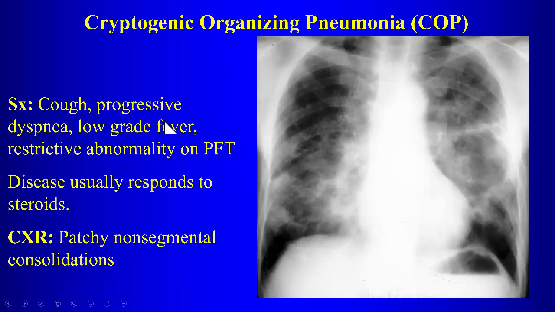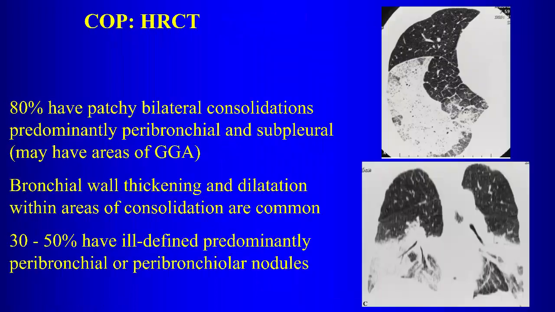Usually these patients present with cough, progressive dyspnea, low-grade fever, and many times they'll have consolidations on the chest radiograph, so they're assumed to have pneumonia, they're treated with antibiotics, they don't get better. That's why it's important to make the diagnosis, because the proper treatment is with steroids for these patients.